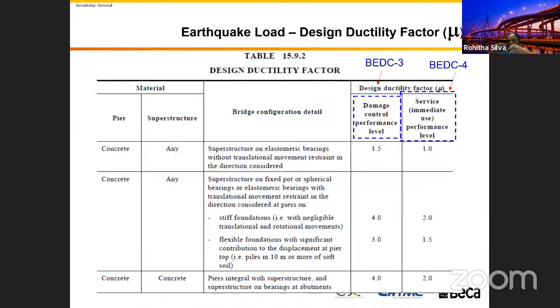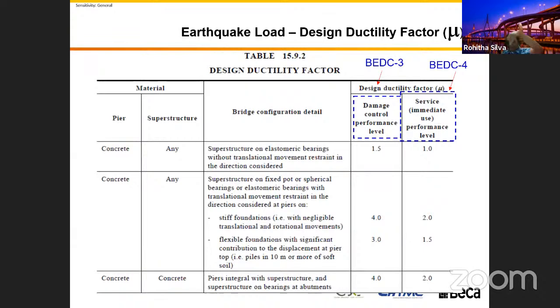You understand the concept, why we were using it. When it's a bridge design category 4, the performance level is high, so we scale up the hazard factor or the ground acceleration. The other way, if the ductility is higher, it can redistribute the load.